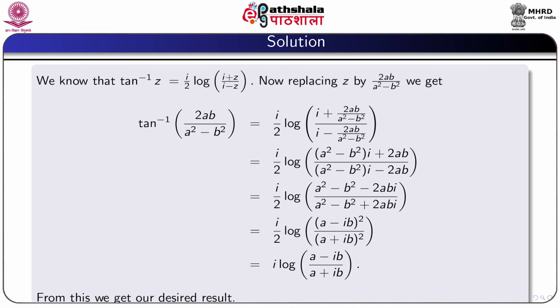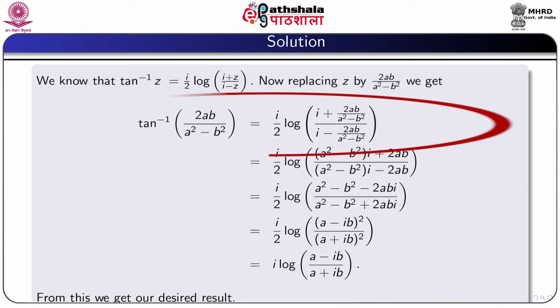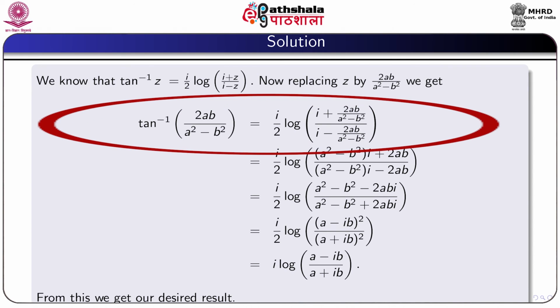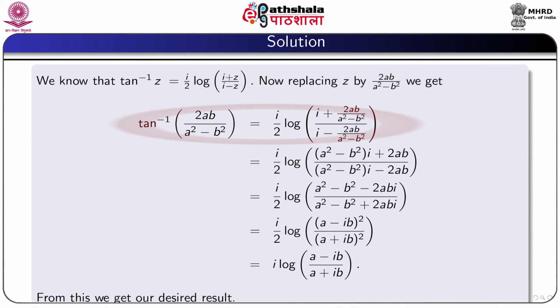Now, replacing z by 2ab/(a² − b²), we obtain tan inverse [2ab/(a² − b²)] = (i/2) log[(i + 2ab/(a² − b²))/(i − 2ab/(a² − b²))].